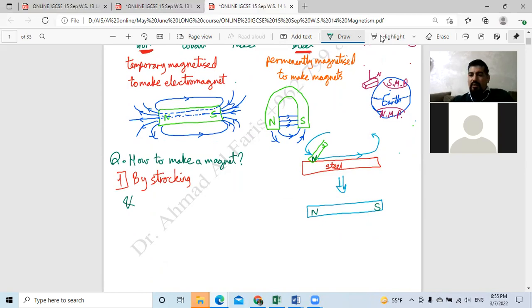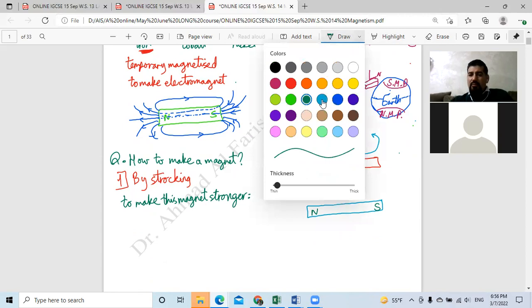How can I make this steel bar a stronger magnet? How can we make it stronger? Thank you, Marwan. No. What do I need to do? I need to make more strokes.